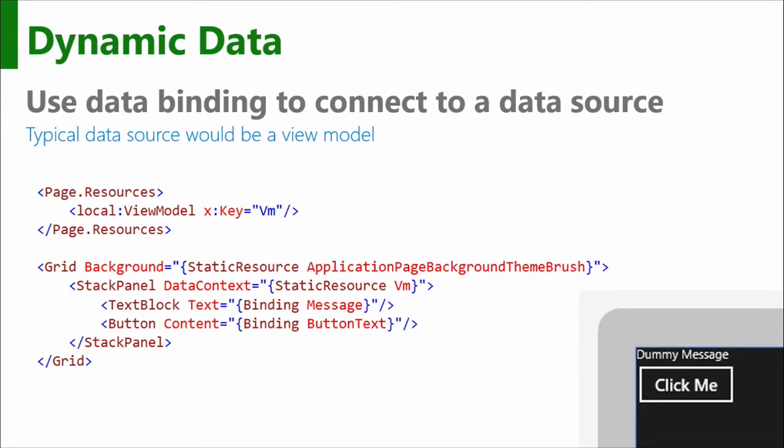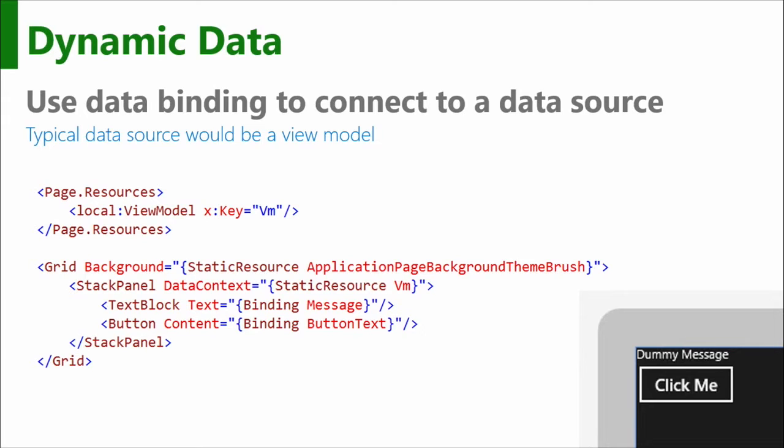What that is saying is that whatever object is the data context applying to that element, or a container element, which is the stack panel in this case, we're looking at that object for a property called Message in the one case, getting the value of that and displaying it on the screen, dummy message in this case. Right. And in the second case, we're looking for a property called ButtonText, pulling that out of the data context, out of the view model, and displaying it, which is click me in this case.